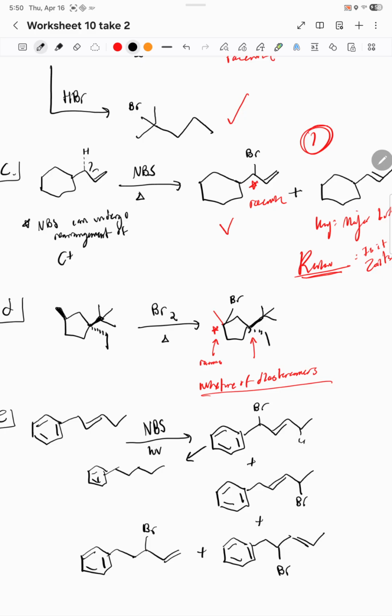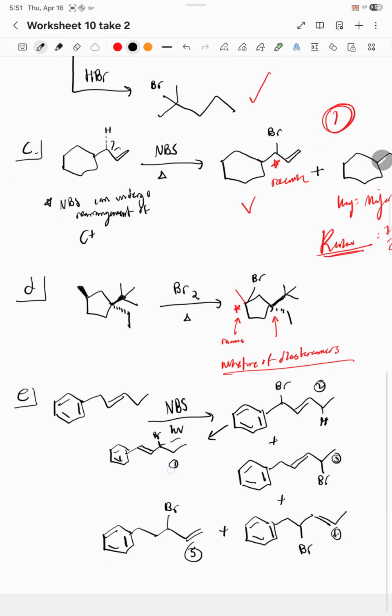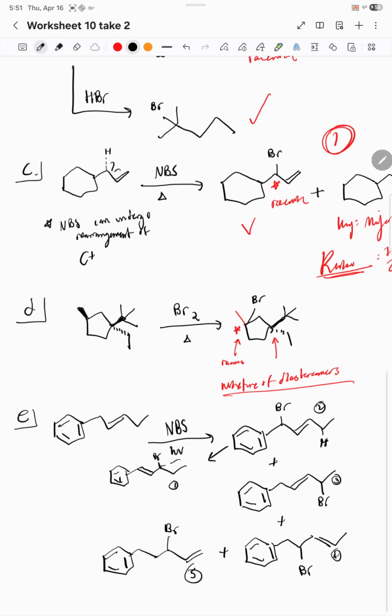And no, this is not C, this is an H. If this were the case, we could push it harder, and we would get Br here. So let's do the count: 1, 2, 3, 4, 5. Do we get 5 products for E? Let's check.